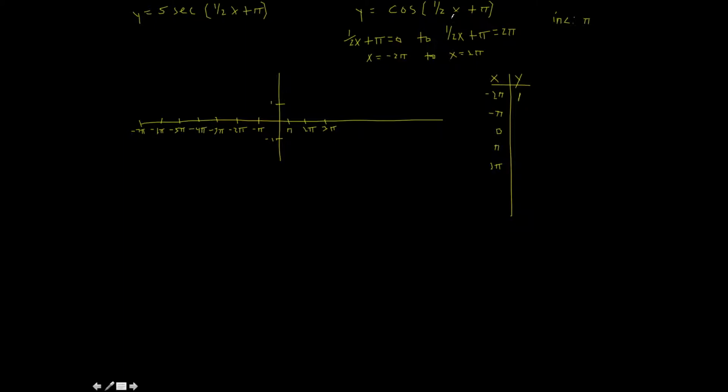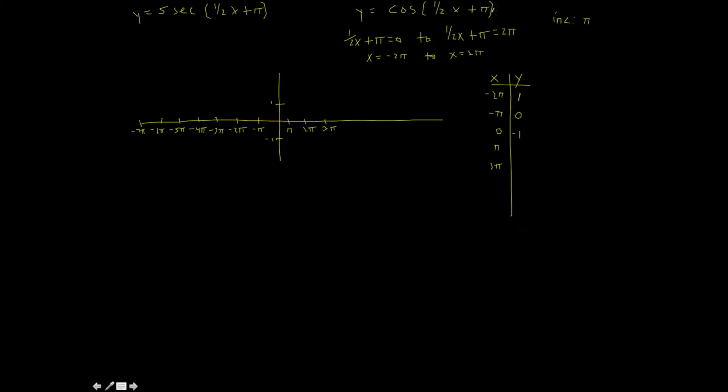Take negative pi. That's going to give us a negative pi over 2, plus pi, which gives you pi over 2. So what's the cosine of pi over 2? 0. We're just plugging them in. Take 0. 1/2 times 0 is 0. 0 plus pi is pi. The cosine of pi is -1. Take pi, plug it in.